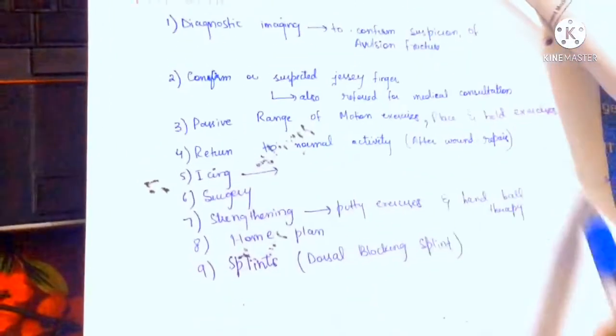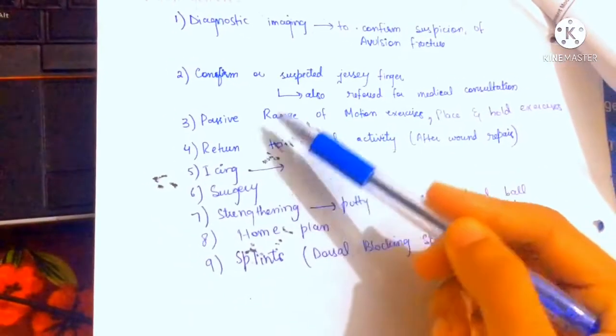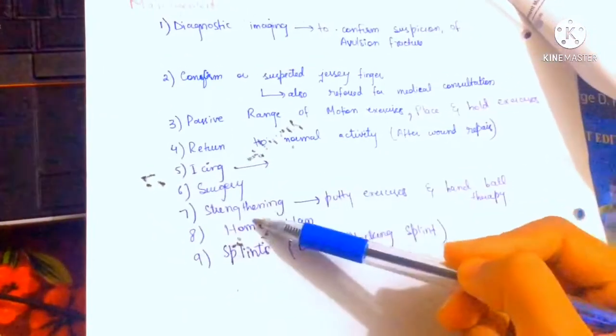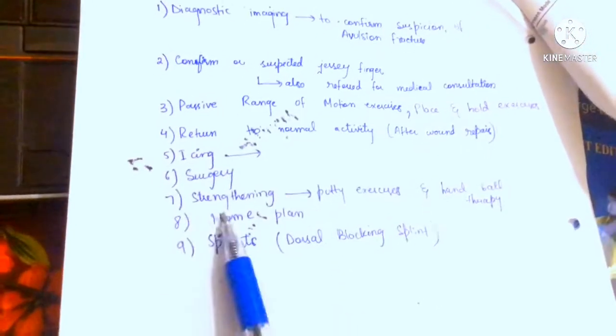So this is the whole protocol you can follow: start from icing, then passive ROM, then strengthening, the basic protocol, then splints, and at the end a home program.